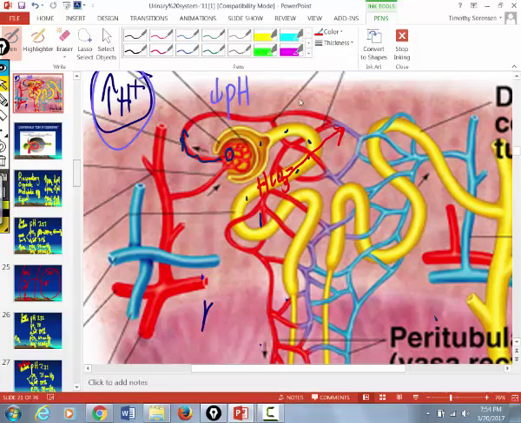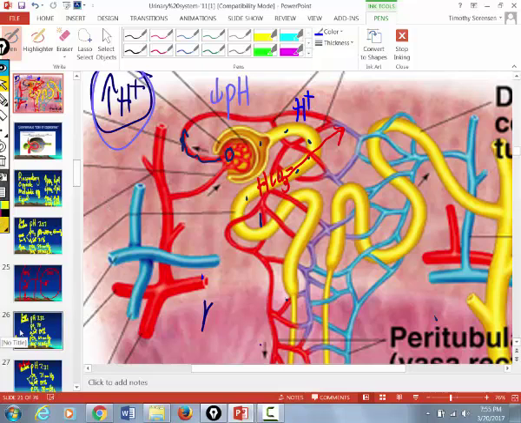It will reabsorb it back into the blood and excrete hydrogen ions. So if the kidneys are compensating, helping out, what should happen to the circulating level of bicarbonate? It should go up, right? It goes up because you're reabsorbing it back into the blood. It was going to get peed into the toilet. Now you're bringing it back into the blood.